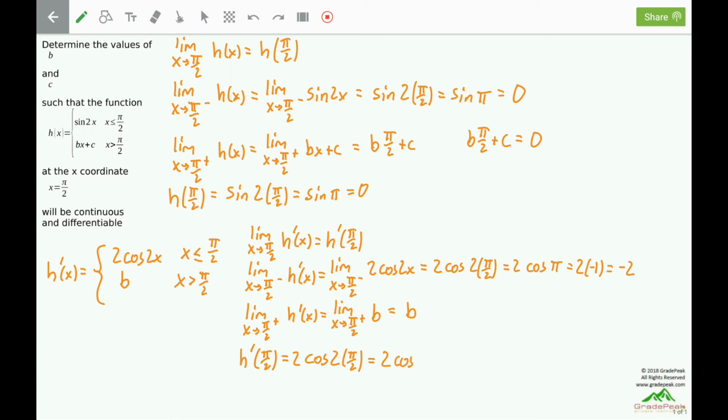So this will be 2 times the cosine of 2 pi over 2, which is just pi, and the cosine of pi is a -1, and this comes out to -2, just like the left-sided limit does. And therefore it matches the left-sided limit, but we have to have all three of these match, so we know that the right-sided limit, which is a b, has to match the -2, that's the left-sided limit, and the function evaluated right at it. So apparently b needs to be a -2.